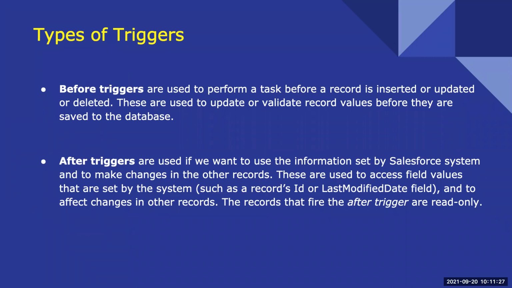Those are two basic things that we do in before triggers. Before triggers fire before updating or inserting a record. We can validate things, like if some value is not up to the mark, I don't want to save the record. That can be done there.